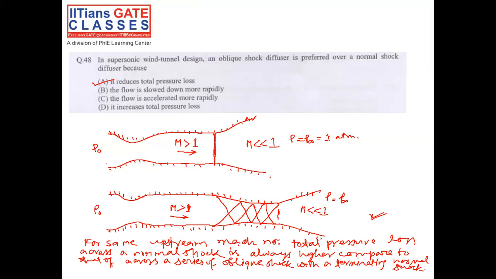So for this reason, we always choose this oblique shock diffuser for supersonic wind tunnel design. So the correct answer is it reduces total pressure loss.